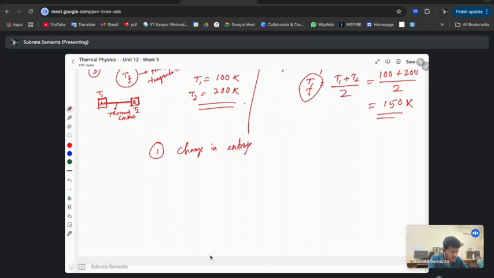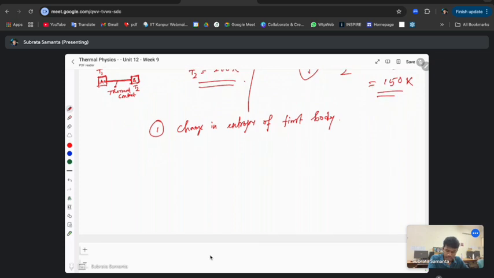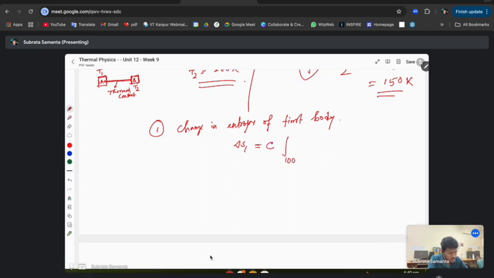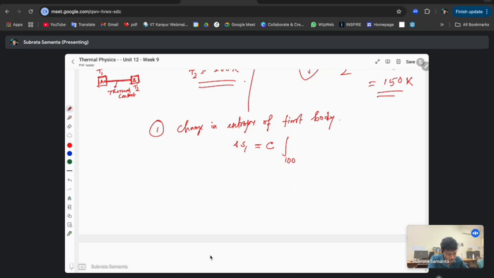So the change in entropy of the first body is delta S1. dq is C dT, and dq is T dS, which equals C dT.